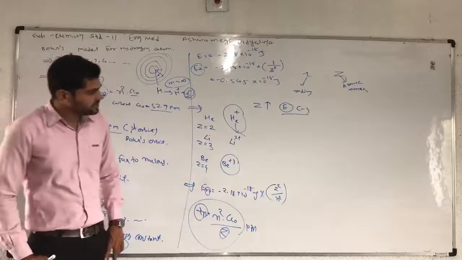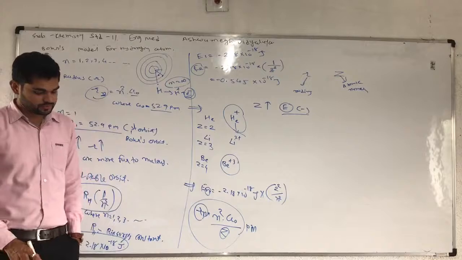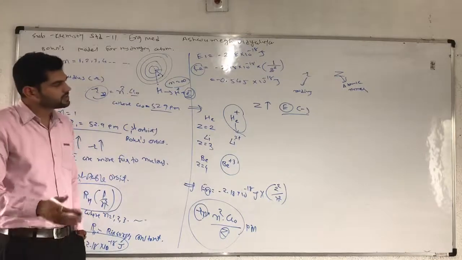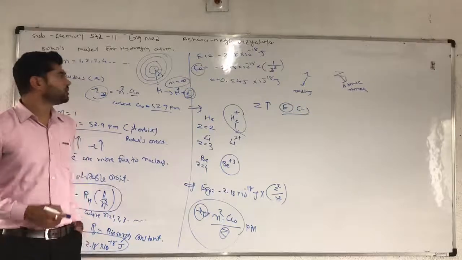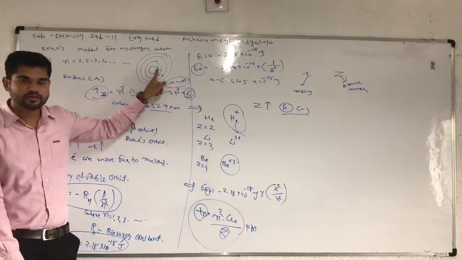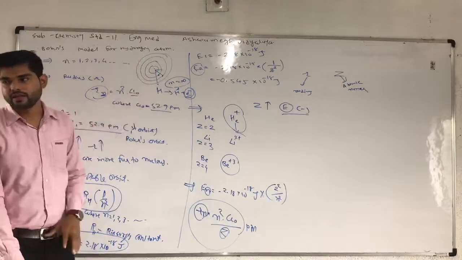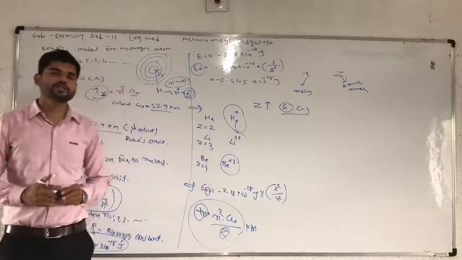Now when the energy level becomes negative, the electron is closer to the nucleus, because the first orbit energy is less than the second orbit, and the second orbit is less than the third orbit.